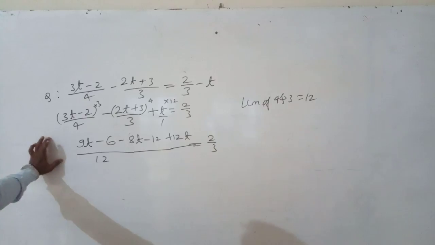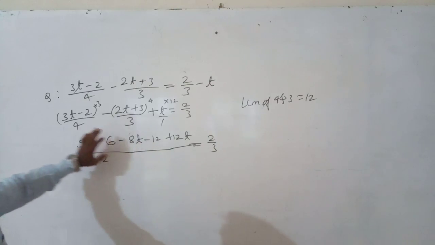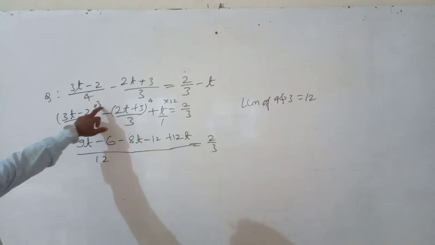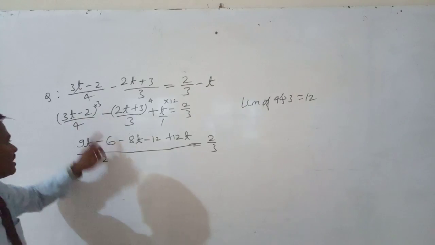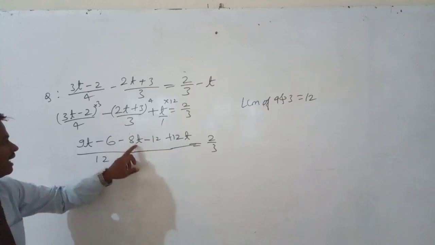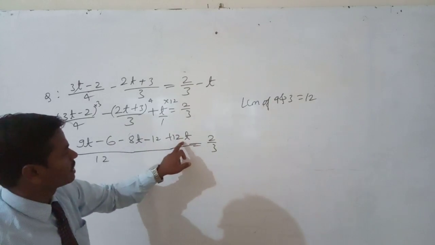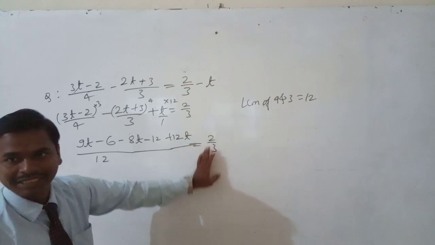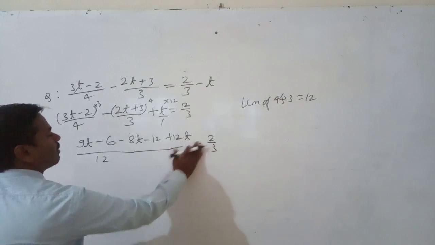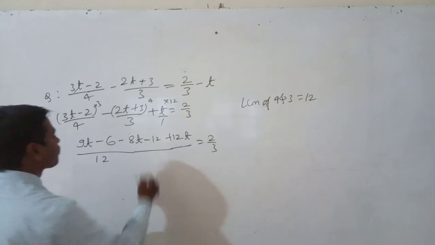Now simplify all these. Do the addition and subtraction. 3 into 3 is 9, 3 2s are 6, 4 2s are 8, 4 3s are 12, 12 into t is 12t. 2 by 3, it is correct. Now what is your simplest form next?